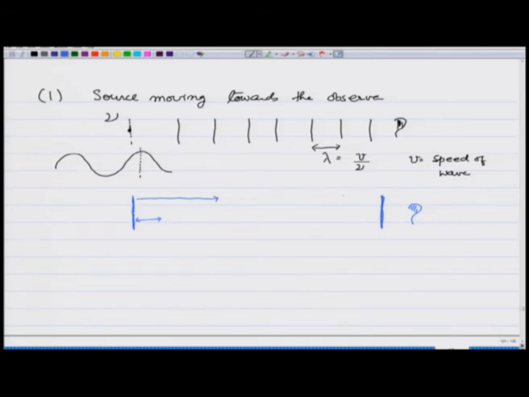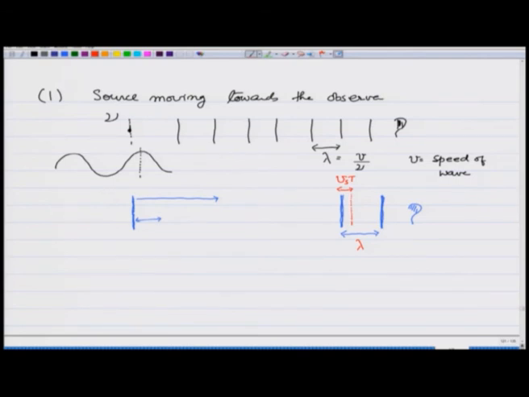By the time the next maximum is given out, in the case of a stationary source, this distance was lambda. Now, this distance is going to be reduced because the source has moved, and this is going to be reduced by velocity of the source times t.